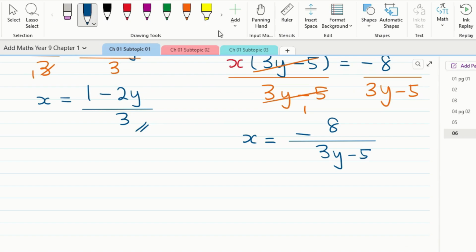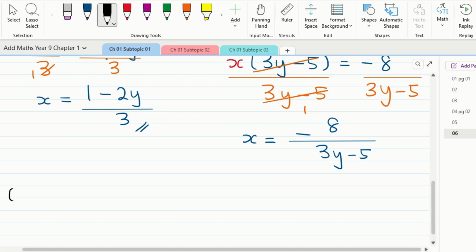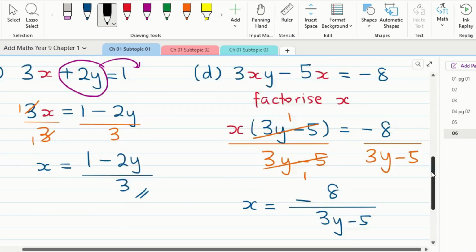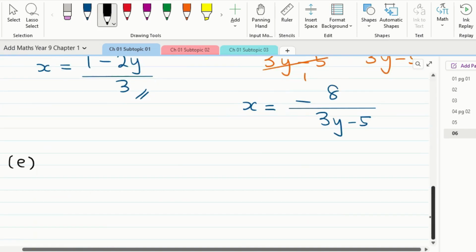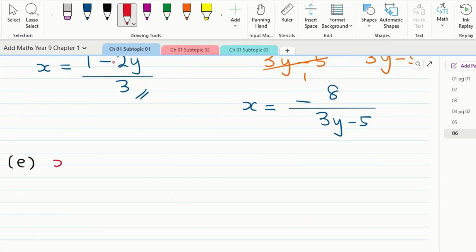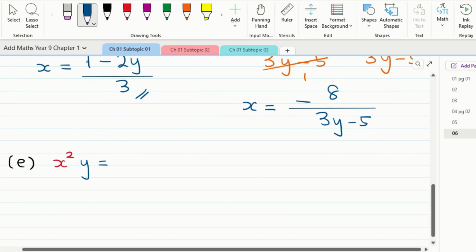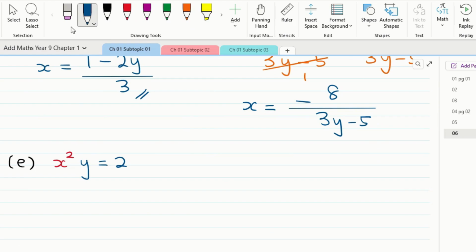And as for the final part, part E, is x squared y equals 2. So x squared y equals 2. Now here, because you can see there's an x squared, what you can do is isolate x squared first.